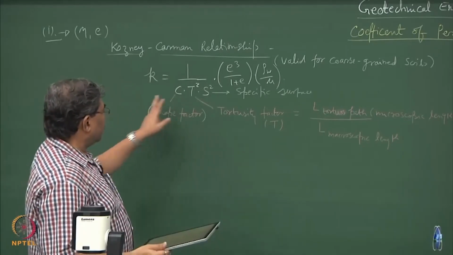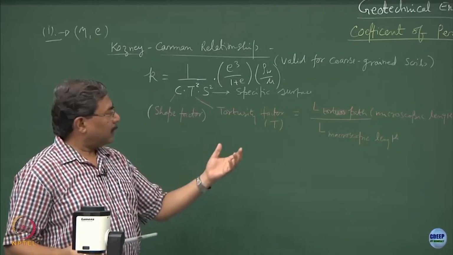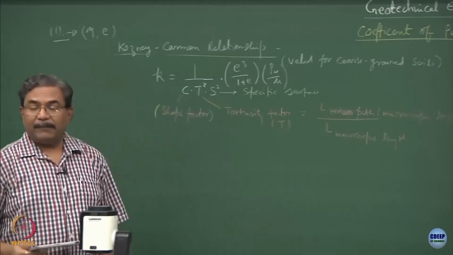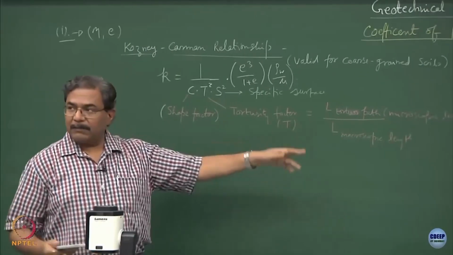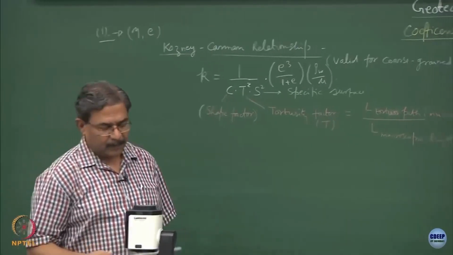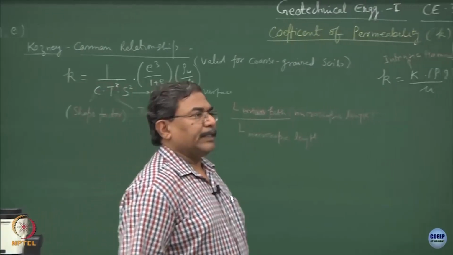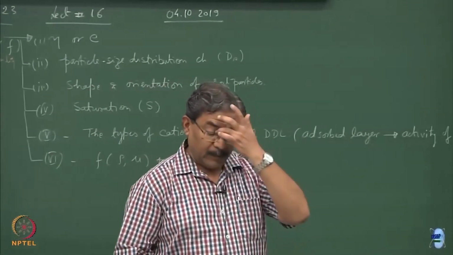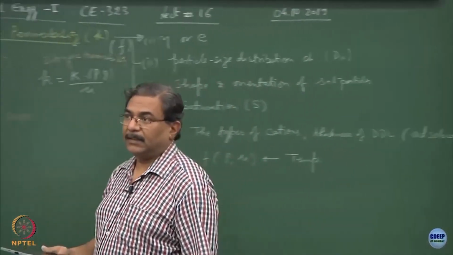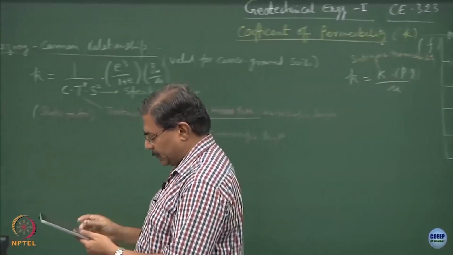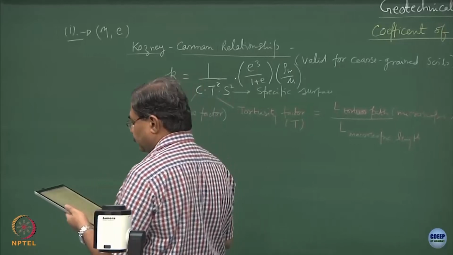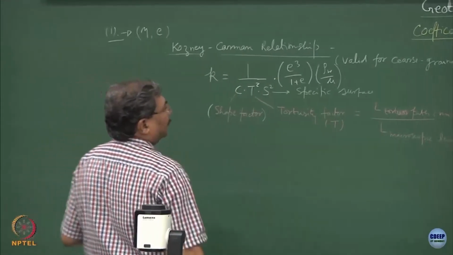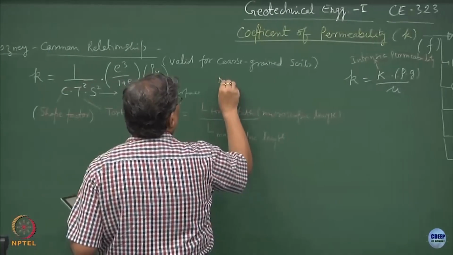You can define the term that how the shape looks like. Tortuosity factor is a very difficult parameter to determine unless you go for some advanced instrumentation scheme like CT scanning, alright, or 4D X-rays. These are the techniques which are being used nowadays. This equation is normally not utilized for fine grained soils.